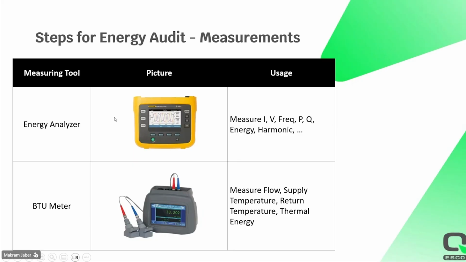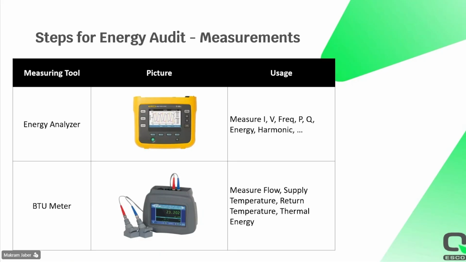We install this equipment on the main energy consuming equipment like chillers, AHUs, pumps. We put it for a period of 1 week, 2 weeks, 1 month, depending on the type of the equipment and on a case by case basis.